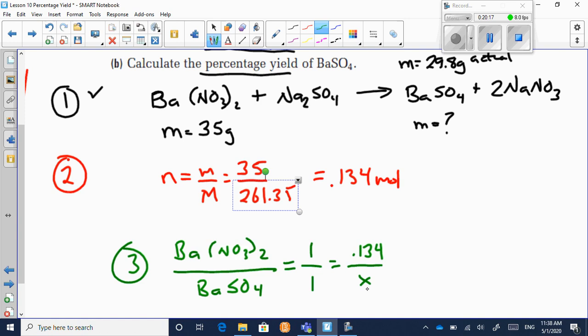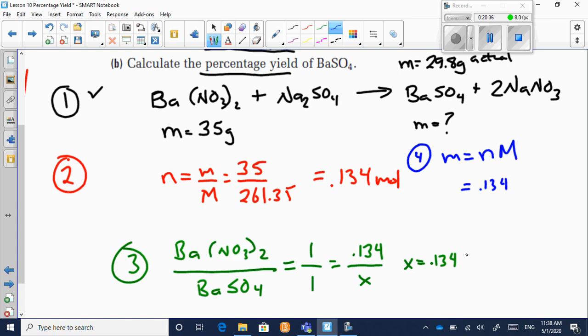Well, obviously, in a 1-to-1, the number of moles is just the same. So finally then, my step number 4 is to convert back to whatever I need. So my mass here is little n times big M. So it's the 0.134 that I just calculated times the molar mass of barium sulfate.